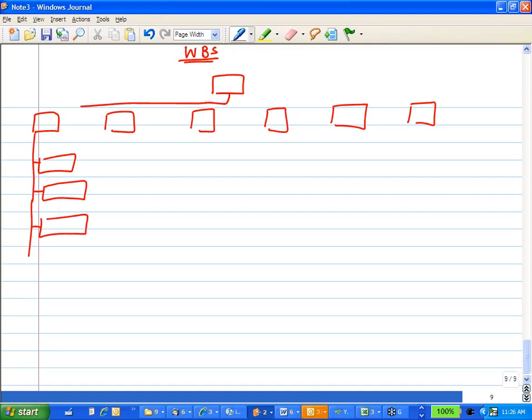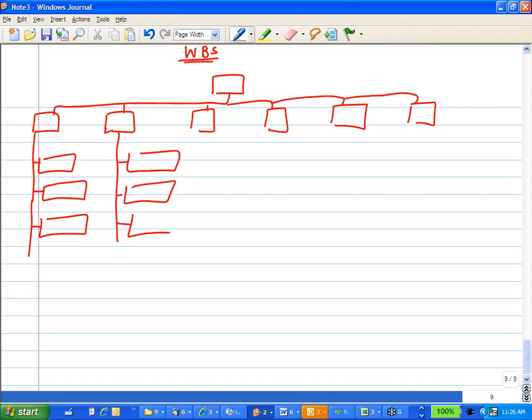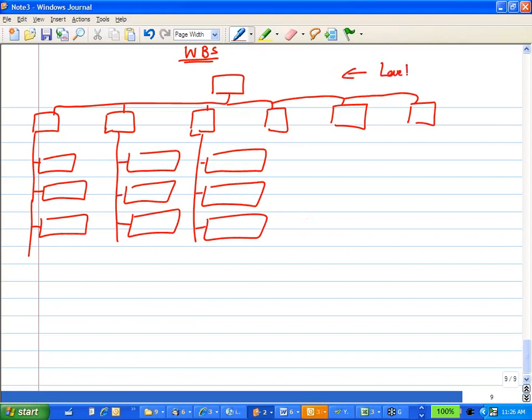So this is like this. And then each of these tasks then have more subtasks. This is WBS. So this is a level 1 task, which is the high level project we have in mind.